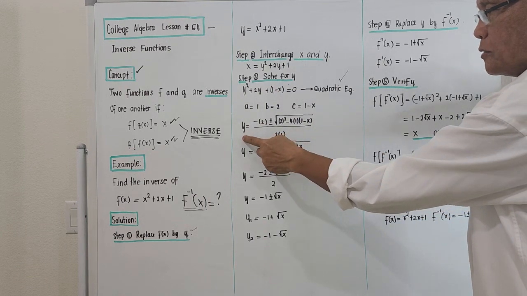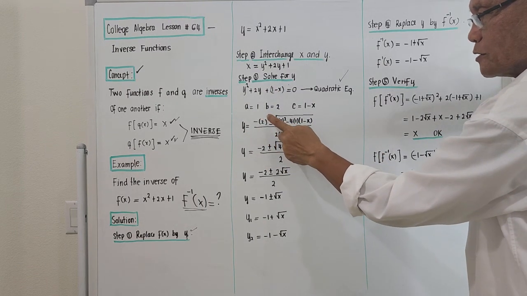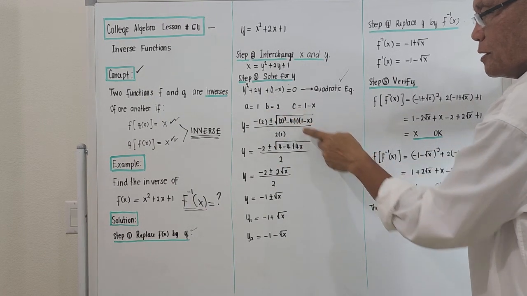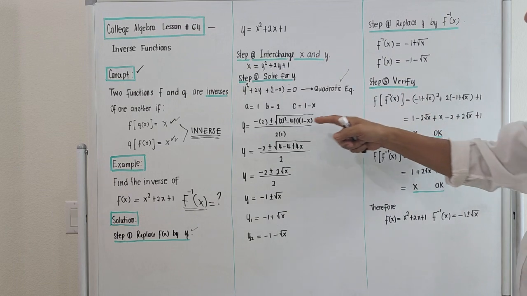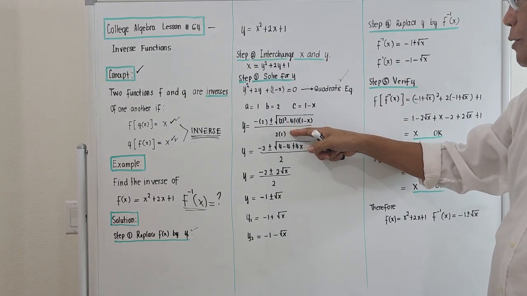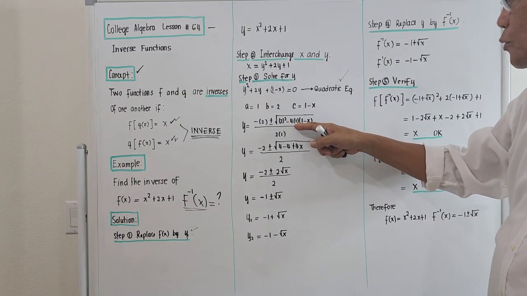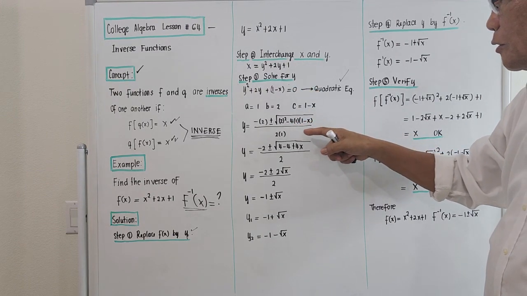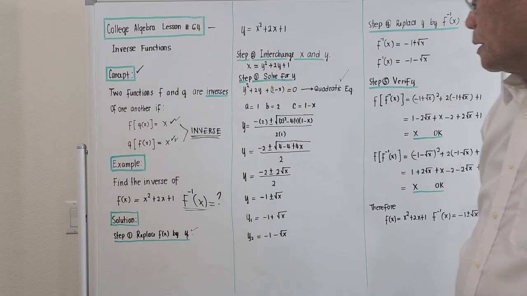So y now will be equal to negative b plus or minus the square root of b square. B square is actually 2 square minus 4 times the value a, which is 1, and the value of c is actually 1 minus x, all over 2 times 1.